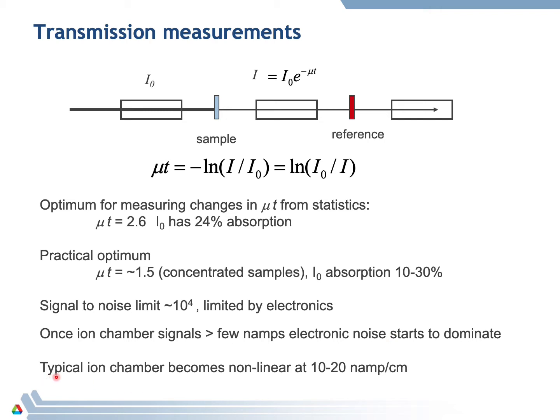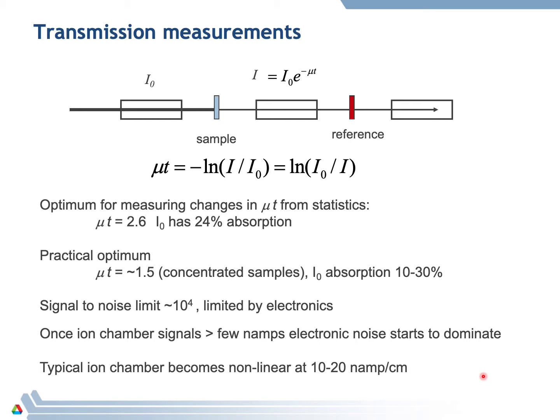The other thing to note about ion chambers is that they tend to become nonlinear at about 10 to 20 nanoamps per centimeter length of the chamber. This is just something I observed for several different types of ion chambers. So for a typical ion chamber that's 15 centimeters long, when you get up to a few hundred nanoamps, you have to start worrying about nonlinearities.